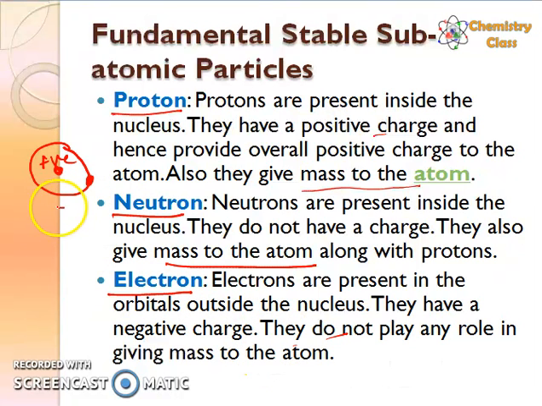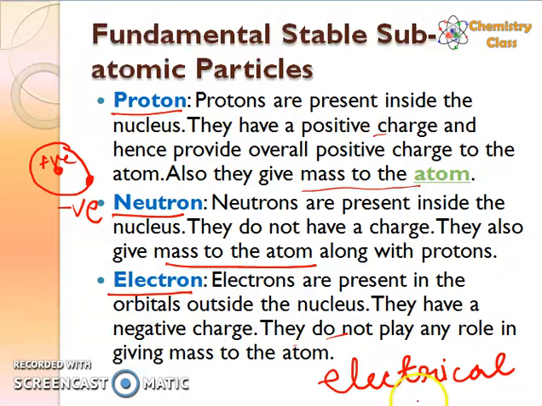Okay. So because of the presence of the negative charge on the electron and the positive charge on the proton, there is electrical neutrality. Now, what is this electrical neutrality?